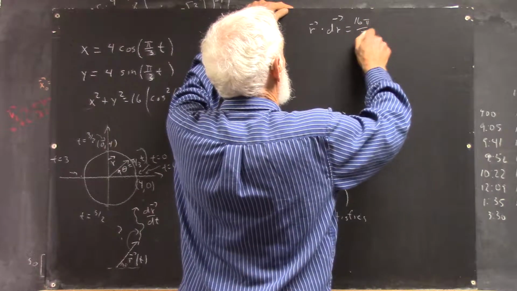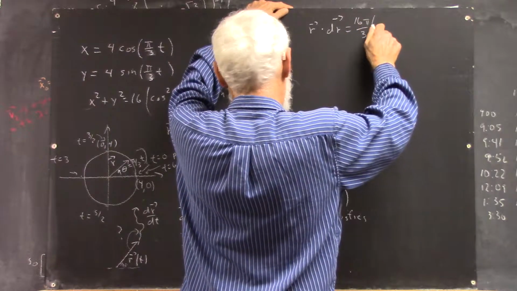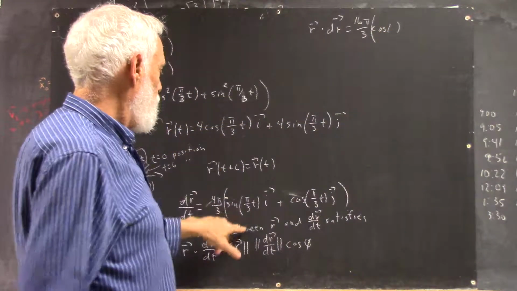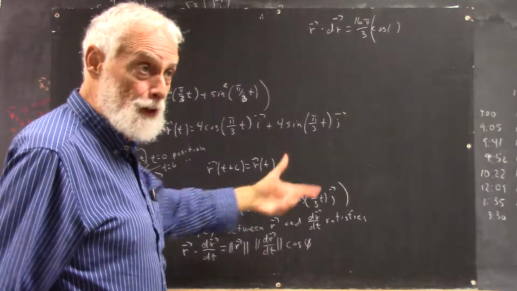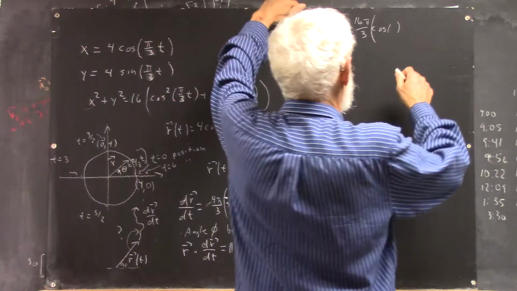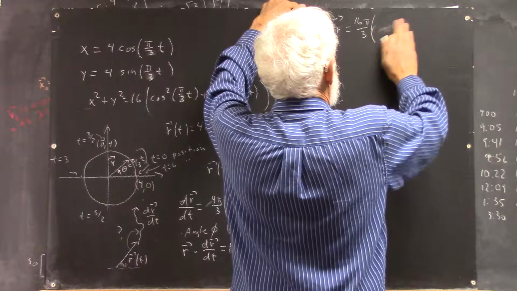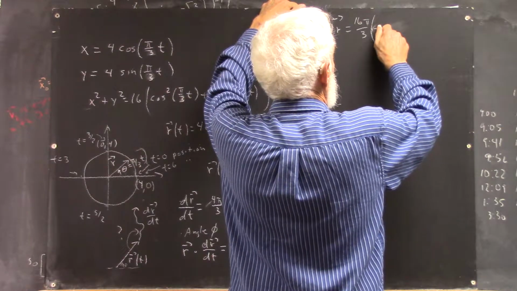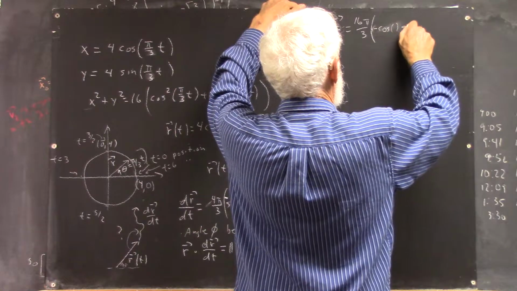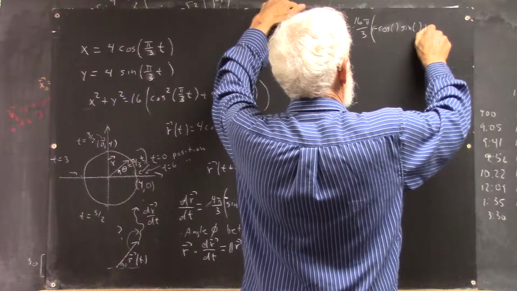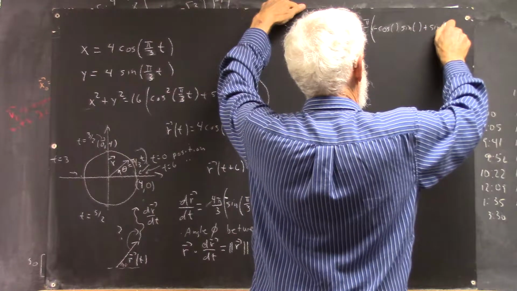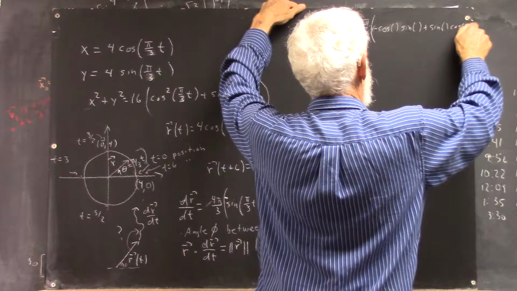Now, just to complete the calculation, you get 16 pi over 3 times the cosine, and I'm just going to put parentheses here because we know that in every expression we got the same thing in parentheses. So just to abbreviate it and save us a little time, it's cosine times a negative sine, that's going to be negative cosine times a sine plus sine times cosine.